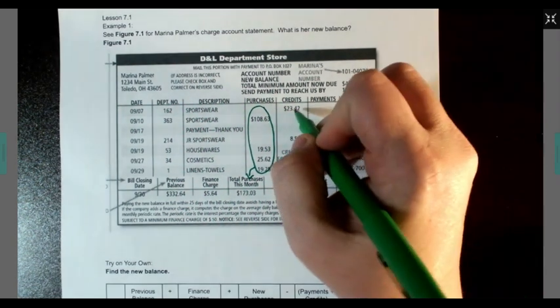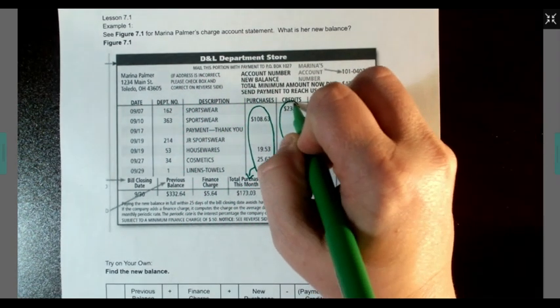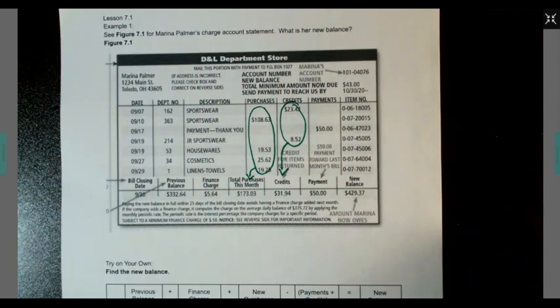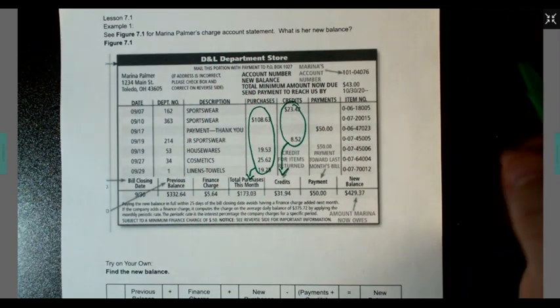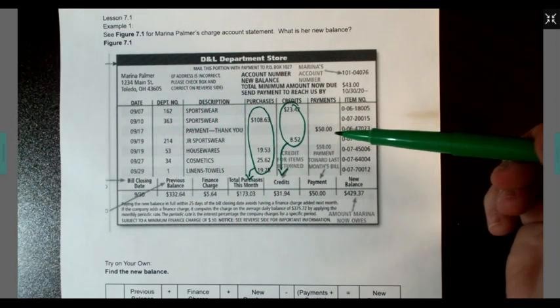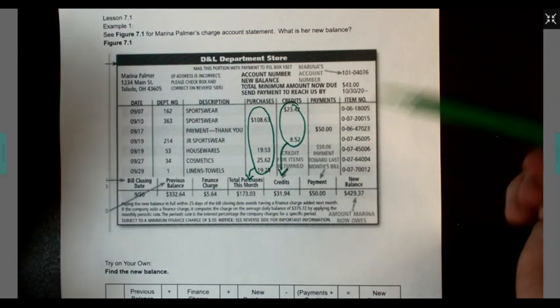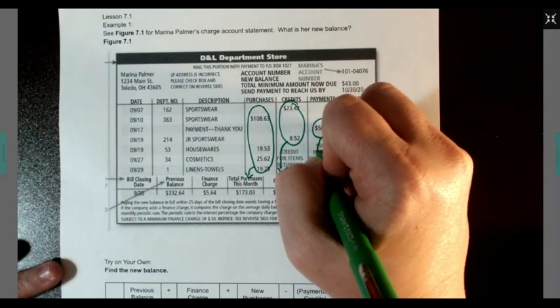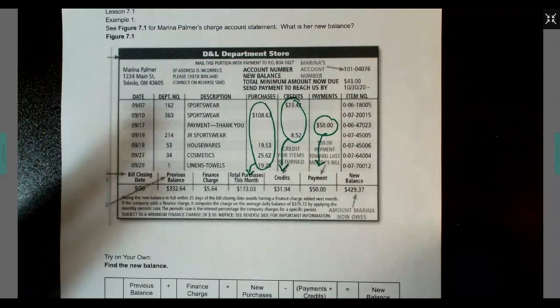Okay. So credits for the return items, they added together and they put in this column right here. Okay. Payments. Obviously, sometime throughout the month, I made a payment for last month's bill. That is this. If we had more than one, we'd add them together. Okay.